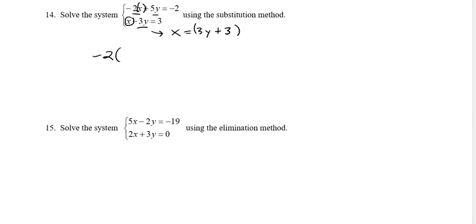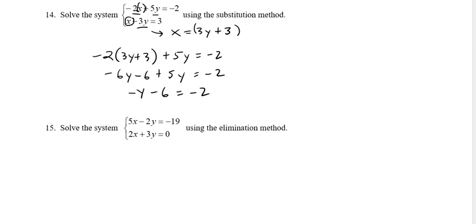So -2 times 3y plus 3 plus 5y is -2. Distribute the -2. Combine like terms. Add 6 to both sides. Multiply or divide by -1, and you get y is -4.